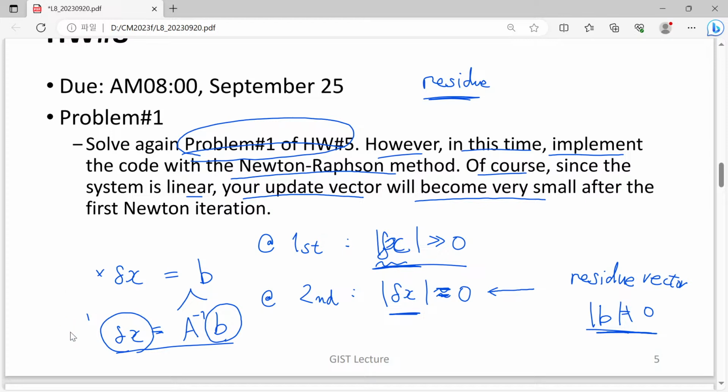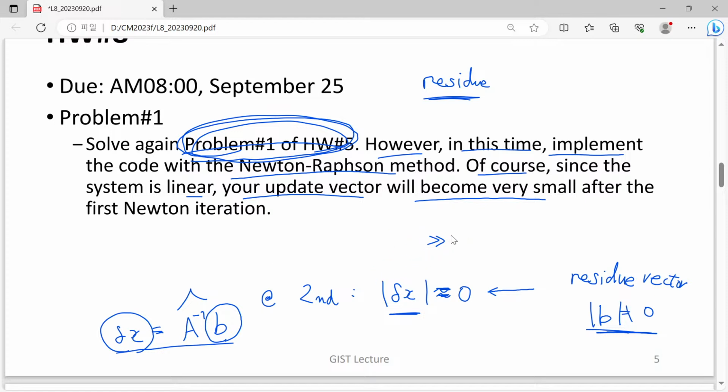Okay, so this is your first homework problem. You have already solved it and you know the solution. Yes, however, the only reason why I ask you this problem is that eventually you must do the non-linear solution.